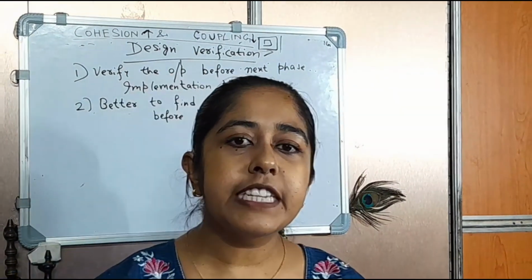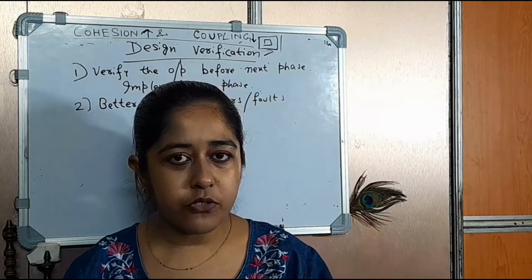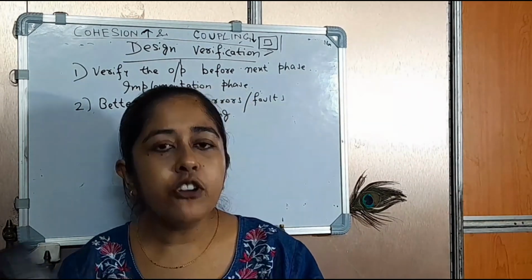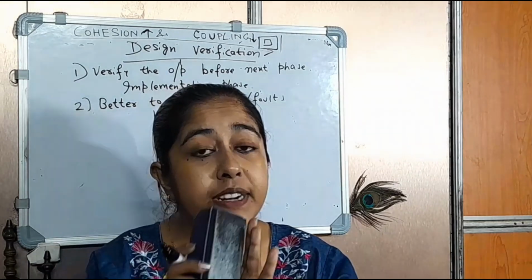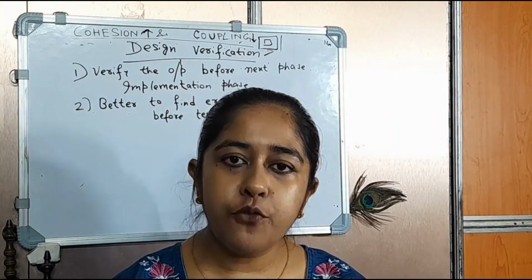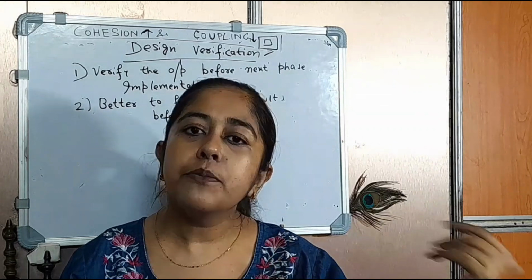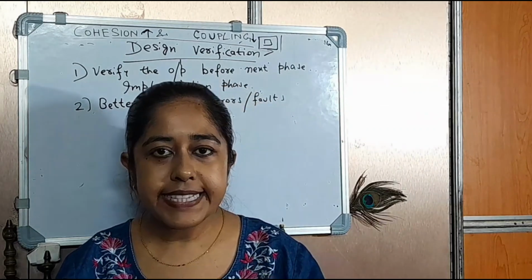When you go for the testing phase, you are going to have the implementation, that is your coding phase. So before the testing phase, you have to clarify all kinds of errors or faults present in your designing phase. That is also checked before the testing phase.